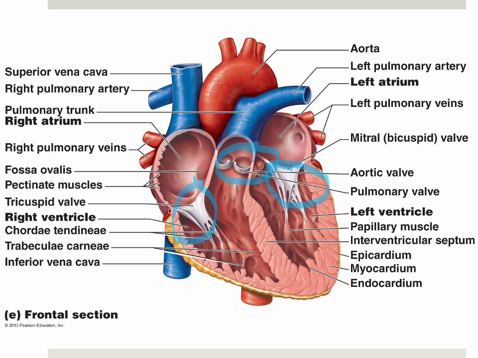So the lub, dub, are caused by the closing of these valves. When you hear the first lub, that is the closing of the atrioventricular valves. The dub is the closing of the aortic and pulmonary valves.